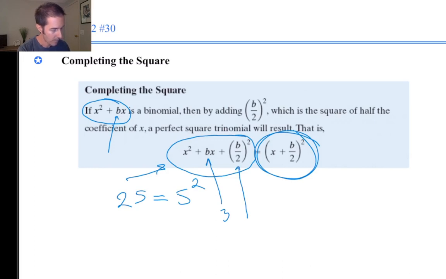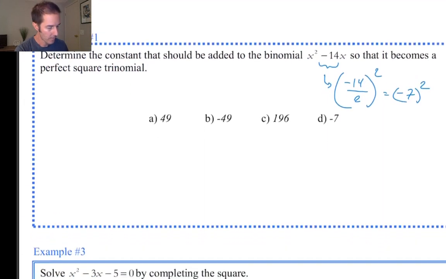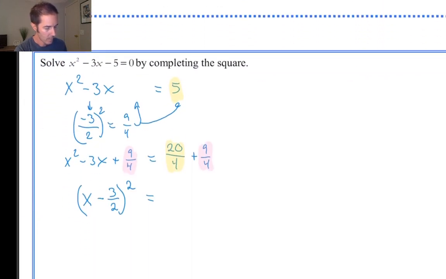That was the 3 divided by 2, quantity squared, and the resulting expression that is a square ends up being x plus b over 2, or in this case 3 over 2, quantity squared. And there it is.